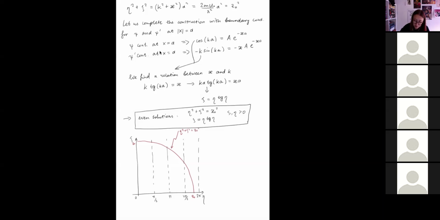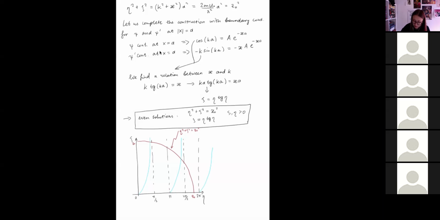Okay, the next one, we plot the function psi equals eta tangents eta. And this function looks like the following: here, here, and so on. It's periodic.